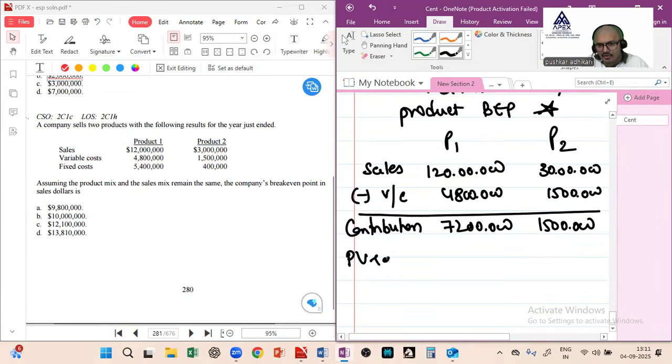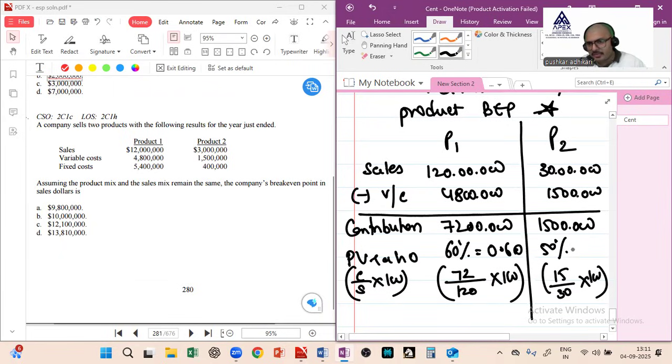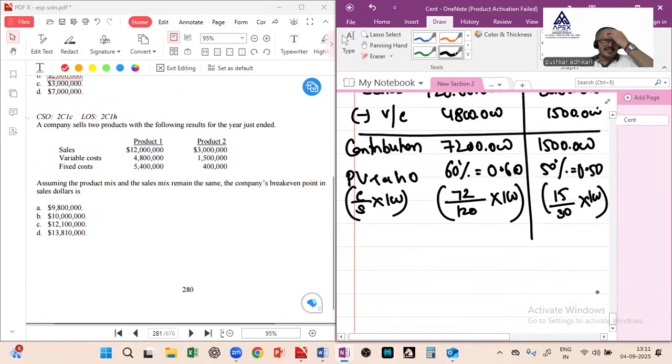Next, I go to PV ratio. PV ratio is equal to contribution upon sales into 100. So it is 72 upon 120 multiplied by 100, and here it is 15 upon 30 multiplied by 100. So here it is 60%, which is equal to 0.60, and it is 50%, which is equal to 0.50. I hope everybody understands this.